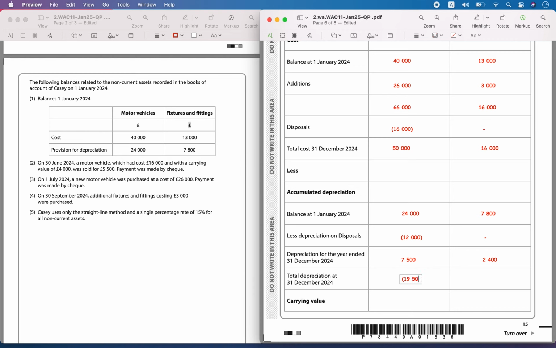So that is going to give you a value of 19,500. Okay, here on this side 7,800 plus 2,400. So that's going to give you a value of 10,200. Now finally we have to find the carrying value, which is 50,000 minus this total depreciation, which is going to be equal to 30,500.